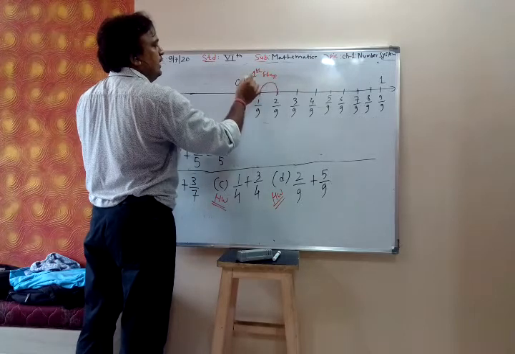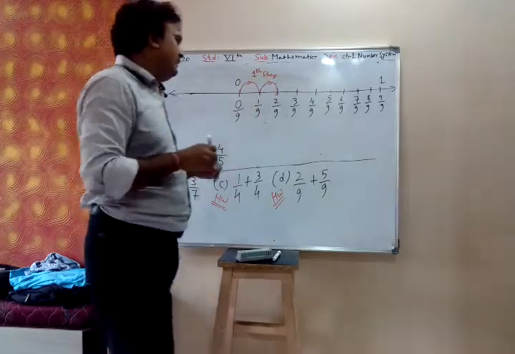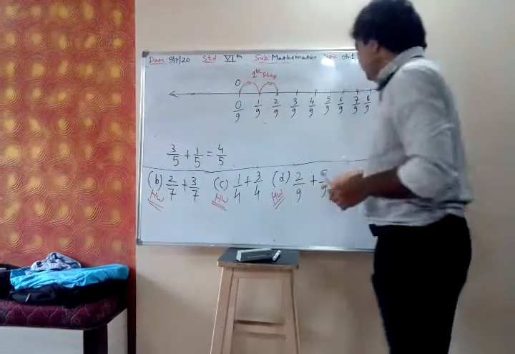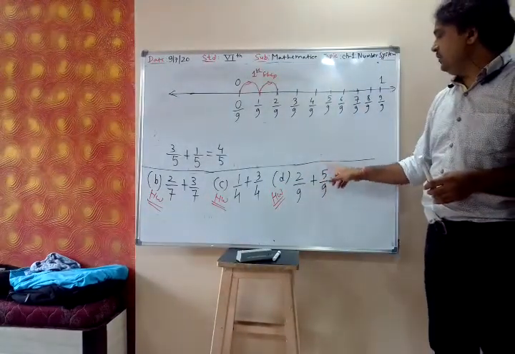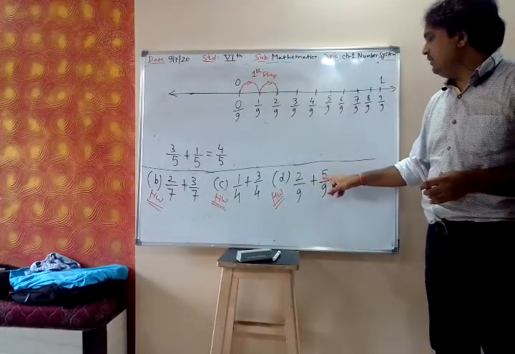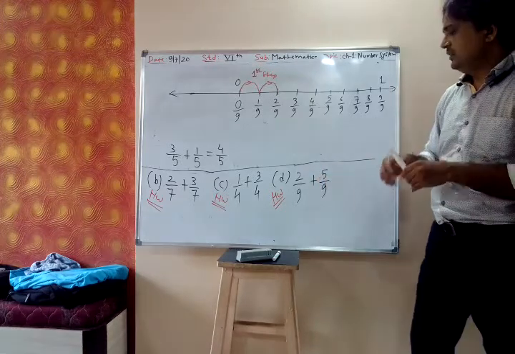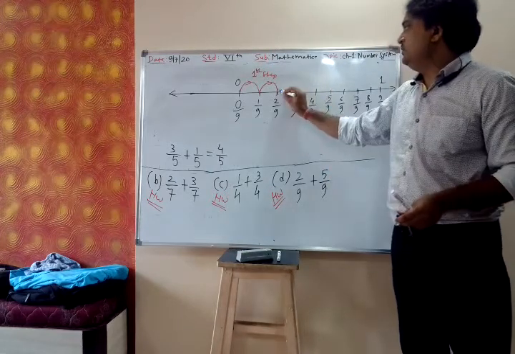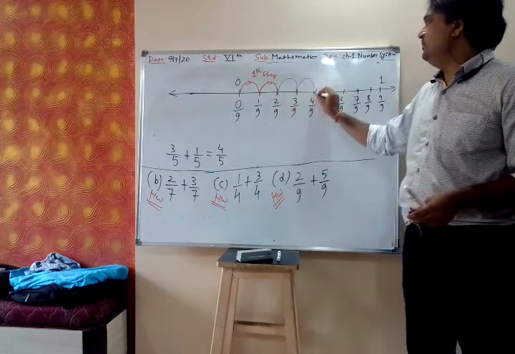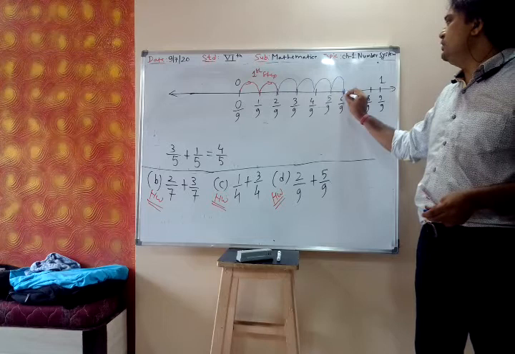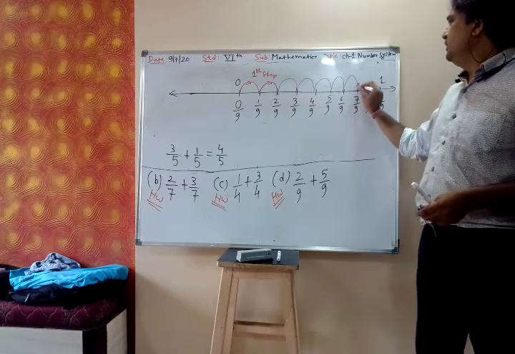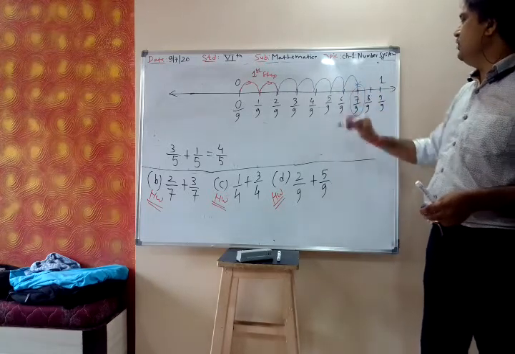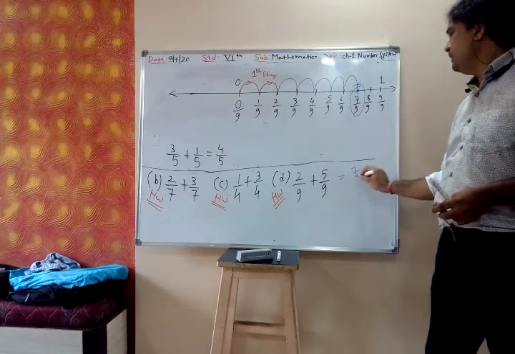Then to add 5 upon 9, I will make 5 jumps to the right. So this is my 1st jump, 2nd jump, 3rd jump, 4th jump, 5th jump. So where we reach? The point 7 upon 9. So the answer will be 7 upon 9.